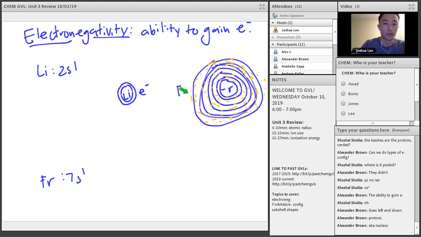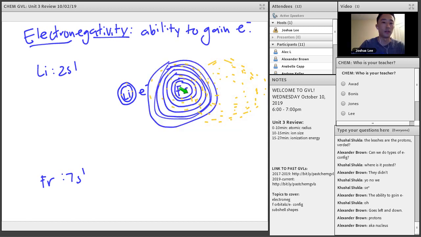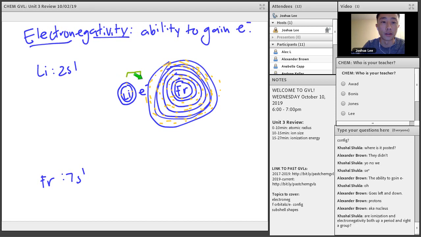Something about right there. Now if we look at their nuclei to see how far it would need to try to attract, lithium's nucleus is about that close to the electron, whereas francium's nucleus is that close.